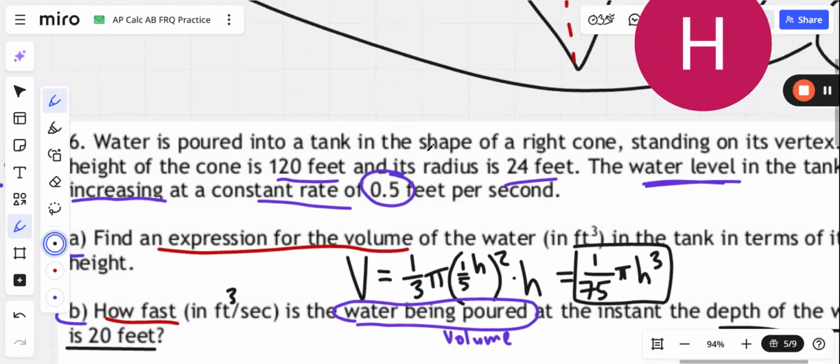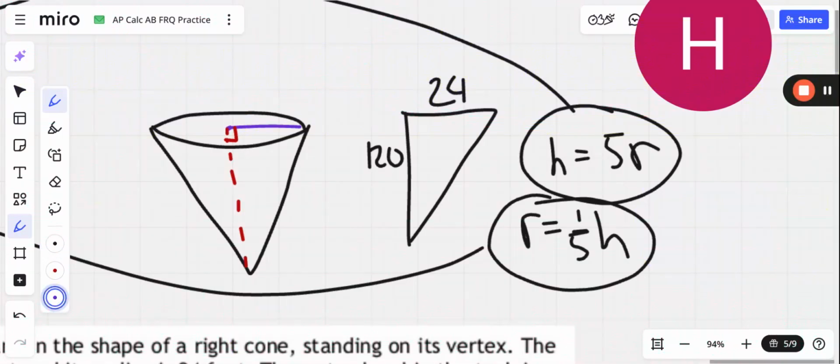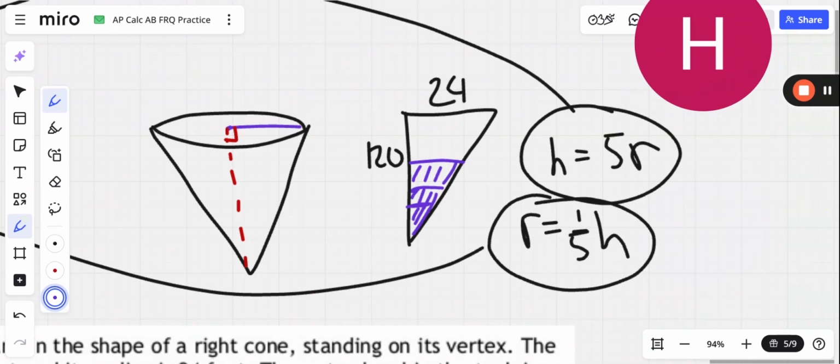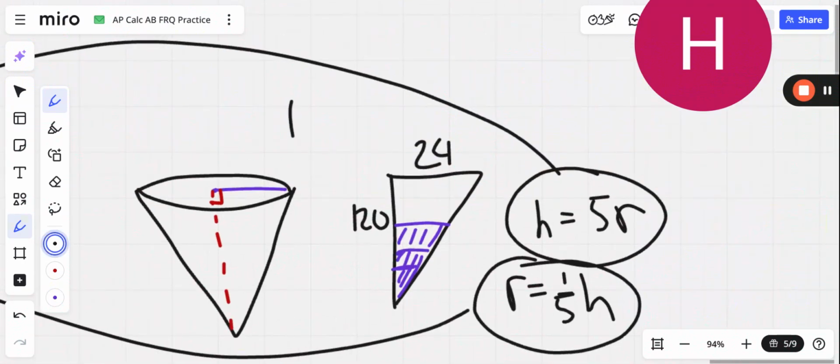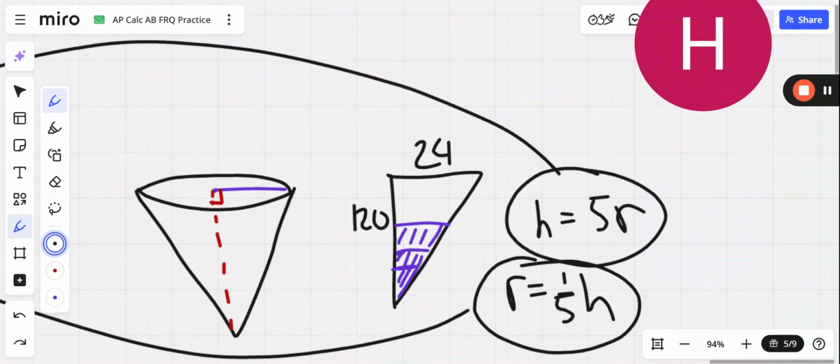So as you can imagine, guys, if I were filling this up with some water, the bottom part's going to fill up faster, and then it's going to take a little longer to fill up. If you've ever filled up a cup that's shaped like this, you know that that's true. Or maybe if you filled up a bottle that's shaped the other way, you know that the water's filling up kind of slowly, but then as it gets to the top, it starts filling up really fast because there's not as much surface area there.